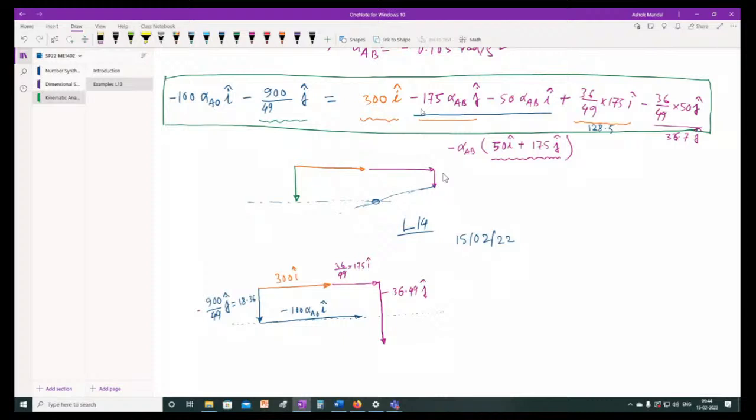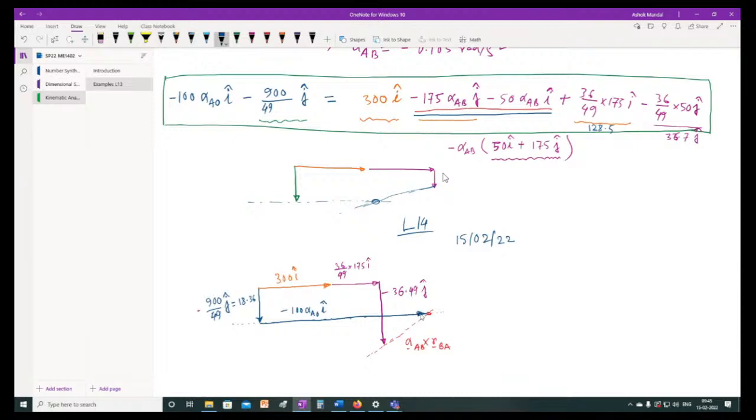Direction of this one is perpendicular to the coupler. That means they intersect here. This is alpha AB cross multiplied with RP. Okay. Once you have this, then you can say that this minus 100 OA is equal to this.